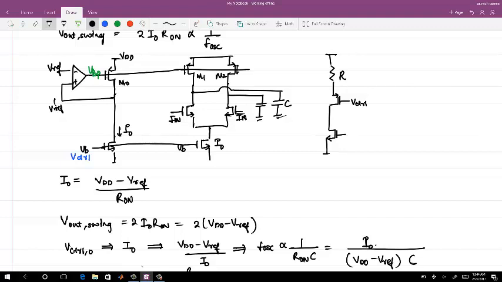You again need to see because you have to fix this R. And now I change this to V control. Then delta of oscillation will be dependent on this nominal current, which can be I naught. Now the current will be V control divided by, let me call this Rx.